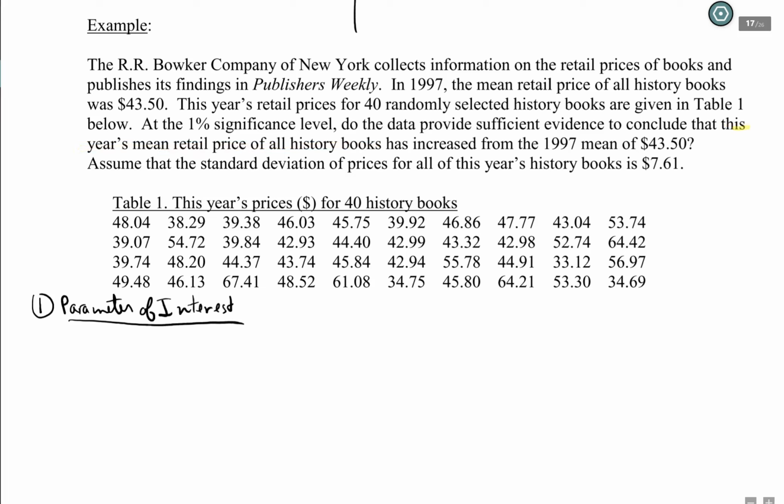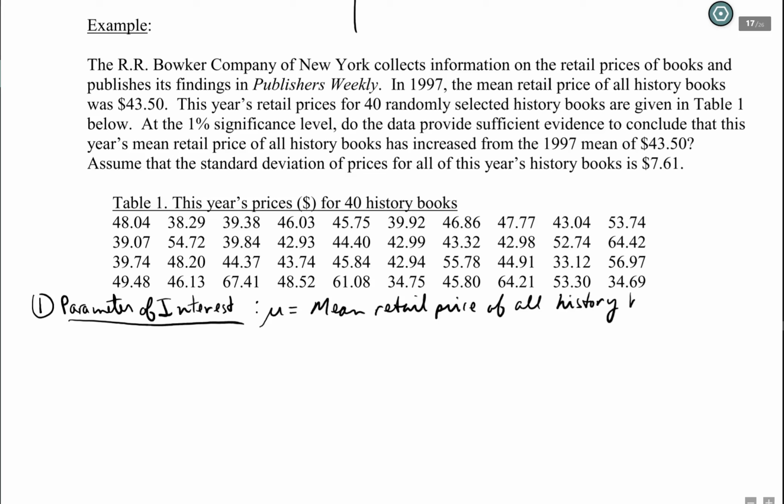Okay, so this parameter of interest, mu, is going to be defined as follows: the mean retail price of all history books for this year.